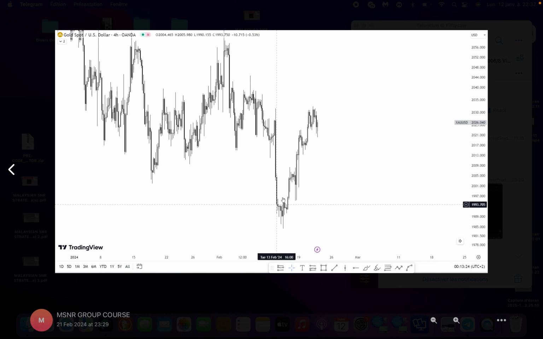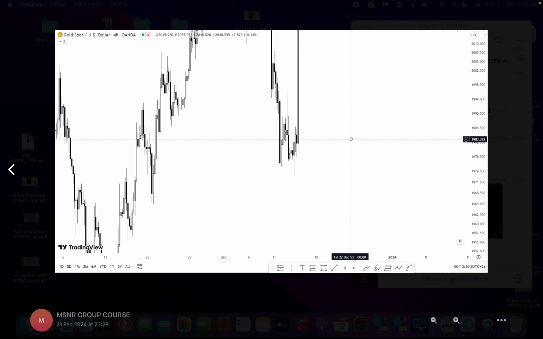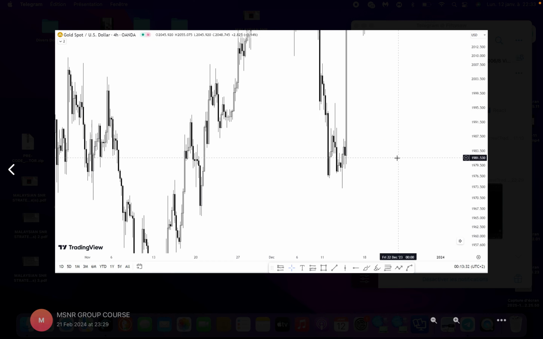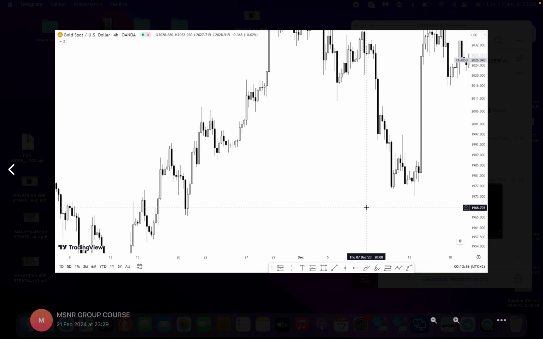Although I do know that some brokers are going to be totally different with the chart feed, but it's totally fine. So as you can see here, right? I'm gonna start afresh. As you can see here, we had this low, right? And then after that, what happened?